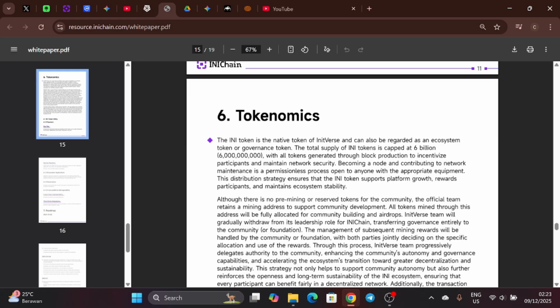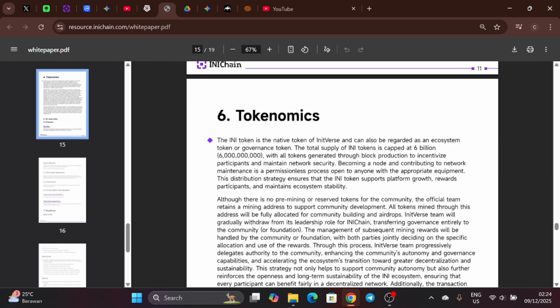The previous video already talked a lot about the economics, a really clear explanation. So we jump into the tokenomics of INICHAIN. First, the INI token is the native token of InitVerse. Okay, the name is INI.